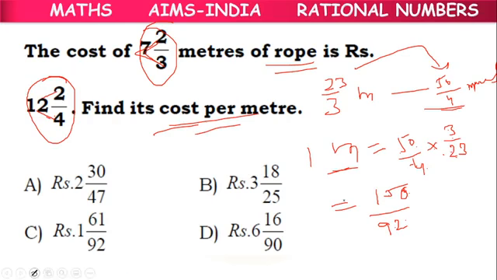So if we divide 150 by 92, 1 time 92 is 92. So 58 will be remaining.